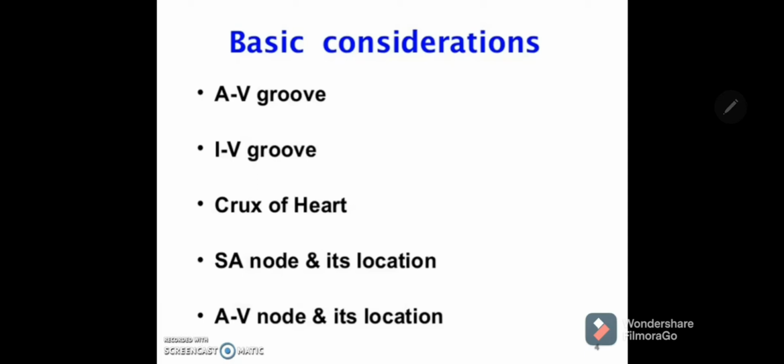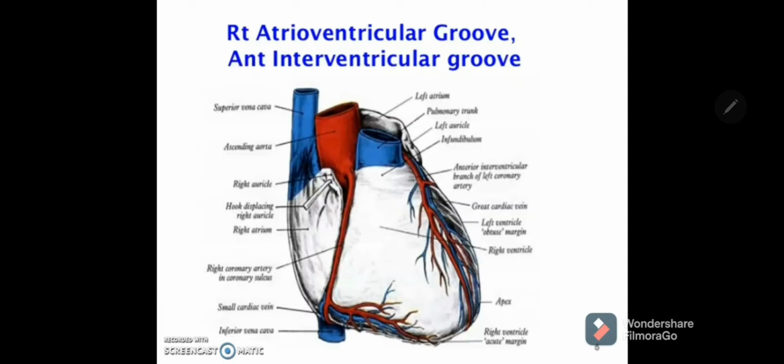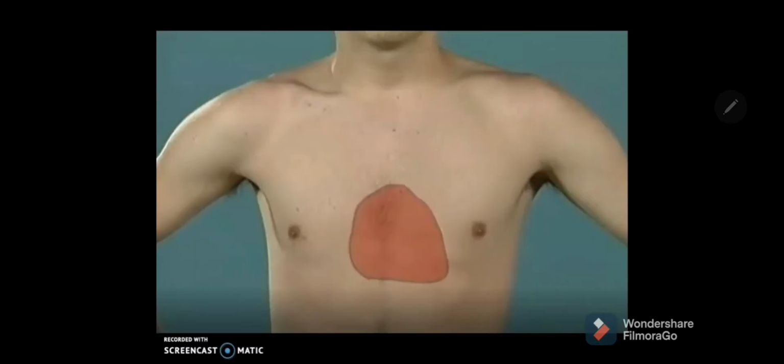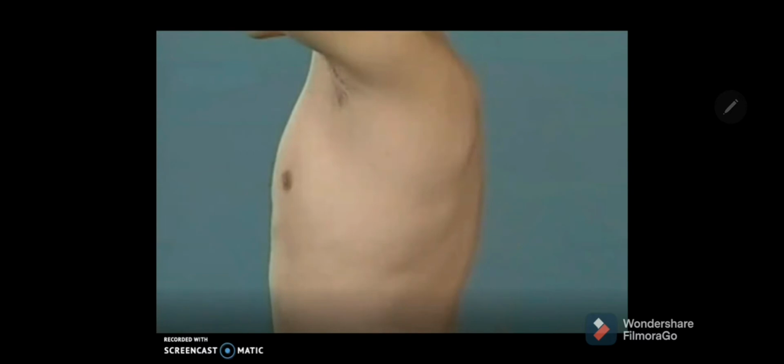Before going to the blood supply in detail, you should know about the following features of the heart. There are different grooves; what you mean by the apex, what you mean by the crux, what is the AV groove, IV groove. So when you see the heart here, you are seeing a hollow conical muscular organ located in the middle part of the inferior mediastinum.